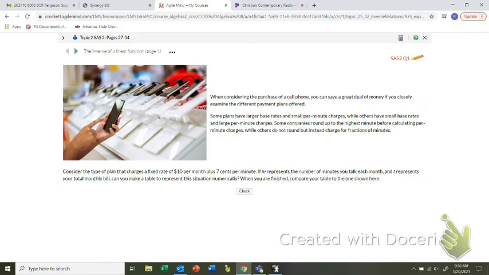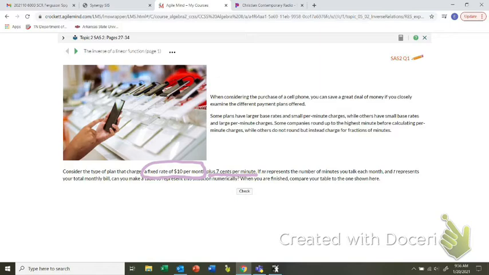On the workbook, number 1, it says, suppose your cell phone plan charges a fixed rate of $10 per month. I want you to circle fixed rate of $10 per month plus 7 cents per minute, and I want you to underline plus 7 cents per minute.